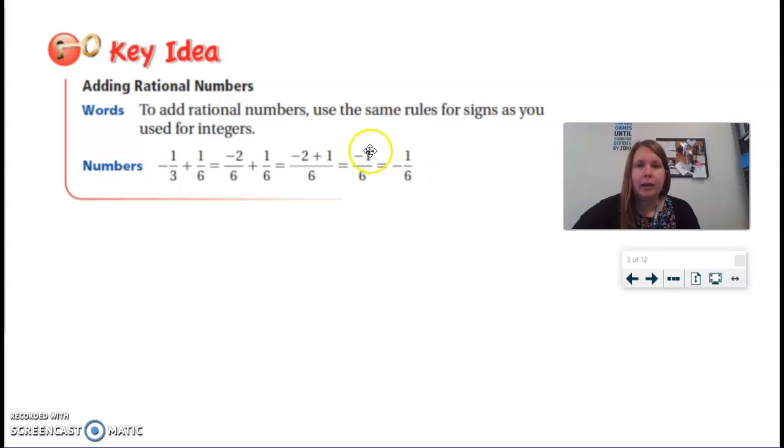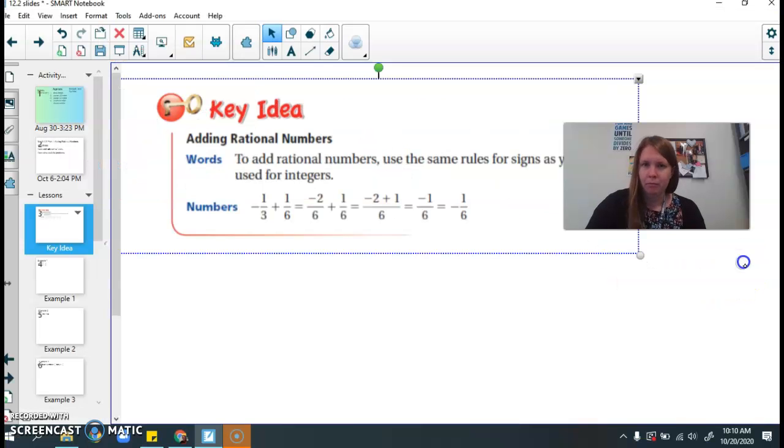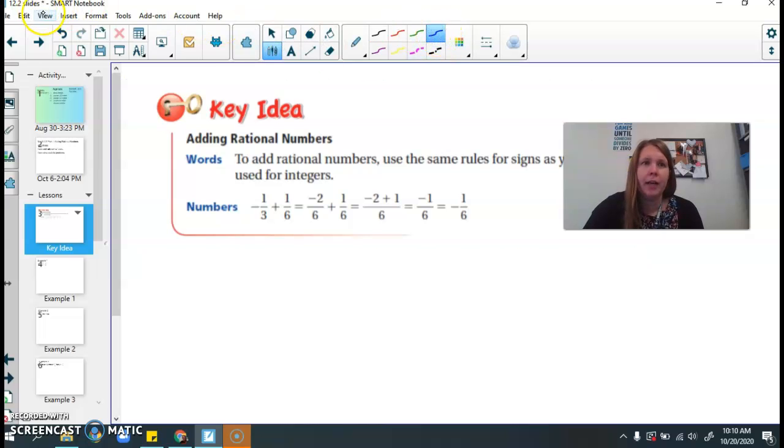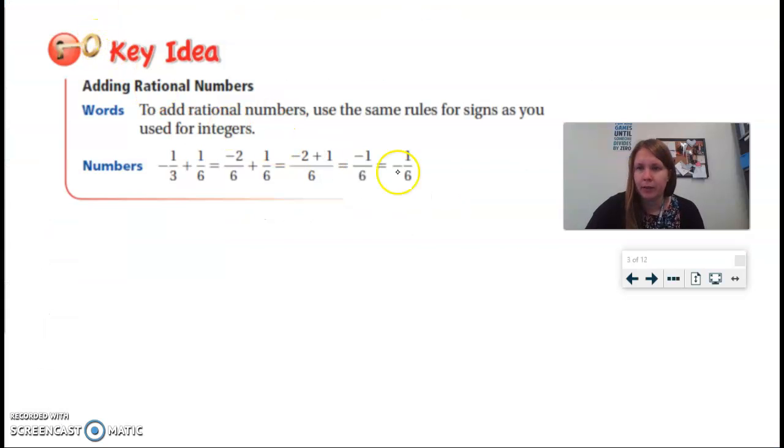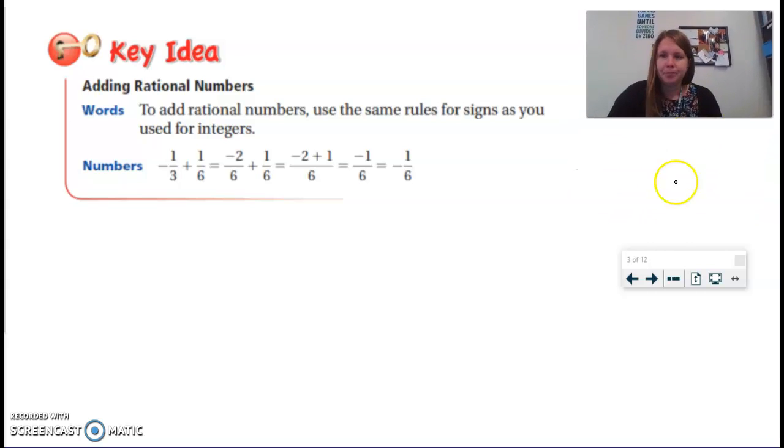So now I have negative 1/6, and you can write it like this, or you can write it like this. Either one is fine, but make sure you keep those positive or negative values with it, depending on how you're adding those rational numbers.